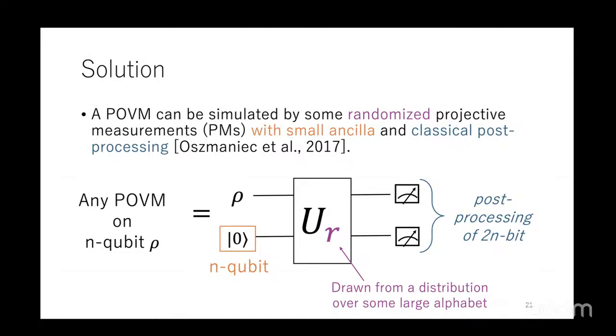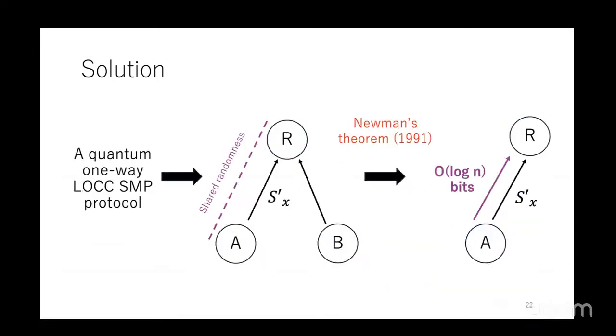So we can compress the outcome of the measurement result. However, this randomized measurement requires sampling from a probability distribution over some large alphabet. So we can reduce from the quantum one-way LOCC model to the hybrid SMP model with some shared randomness between Alice and the referee.